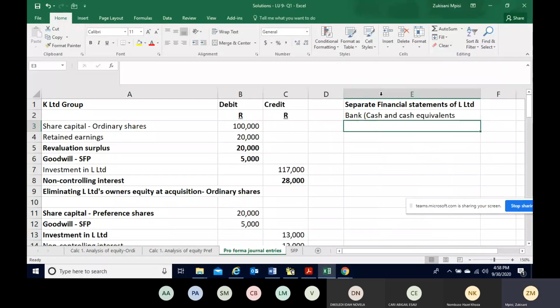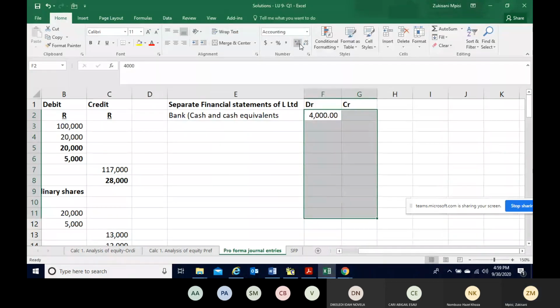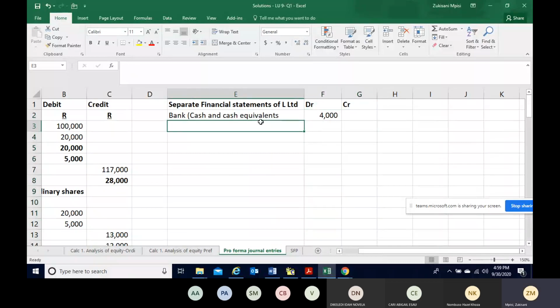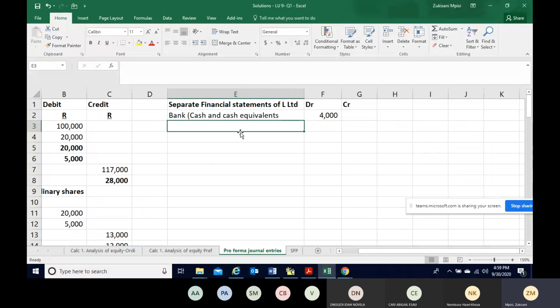This is what would have happened. So we debit 4,000 cash and cash equivalents. Because now we are not told how L Ltd has paid, we know that if they do not pay in the meantime, we have to raise a loan to K Ltd of 4,000.